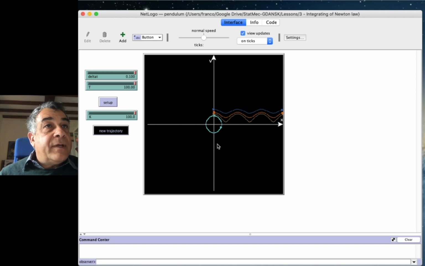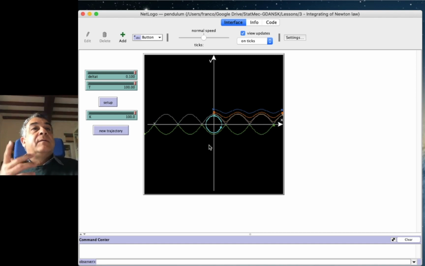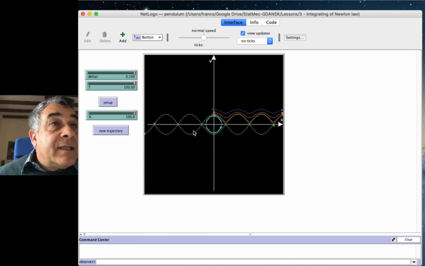So if I am able to find a good approximation of this separatrix, I could, in principle, start from here and reach this point, or start from here and reach the same point.